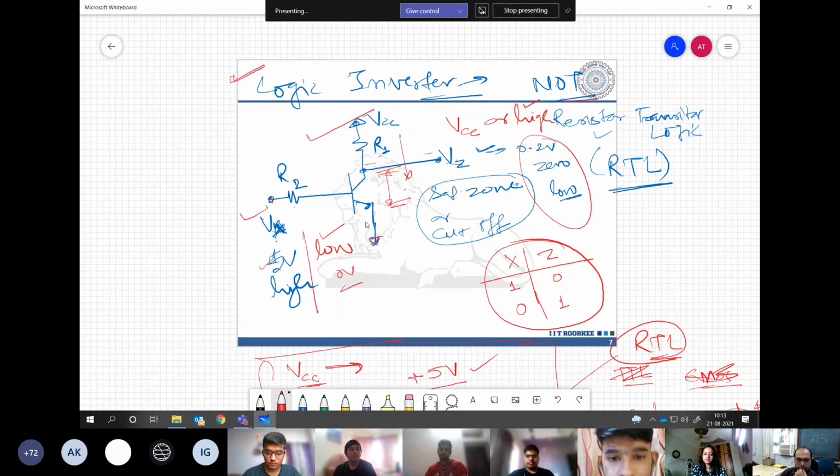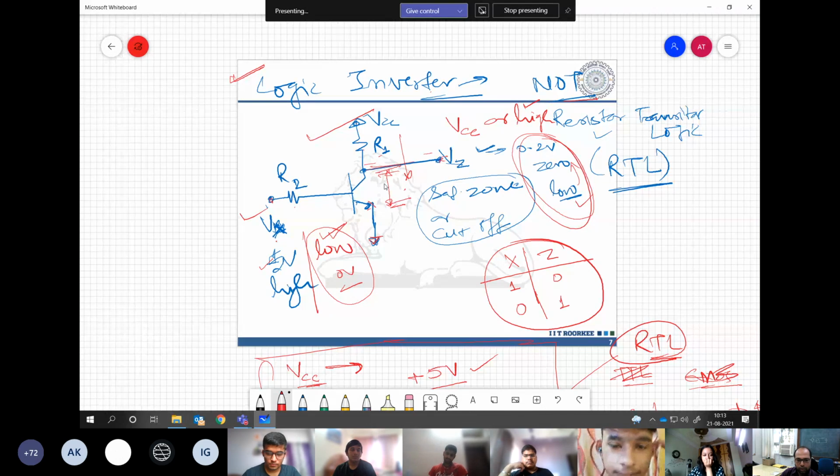When we keep this common emitter configuration, the output at this point Vz will be very small, 0.2 volts, which can be considered as logic 0 or logic low. Whenever we keep this Vx value low, the device will be in cutoff mode. So the voltage at Vz will be pulled up to VCC through this resistance R1. So it will be high, or VCC.